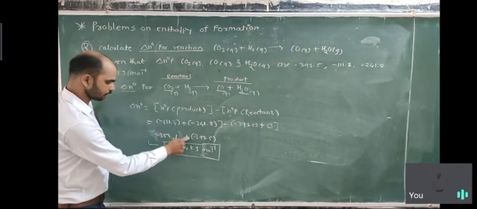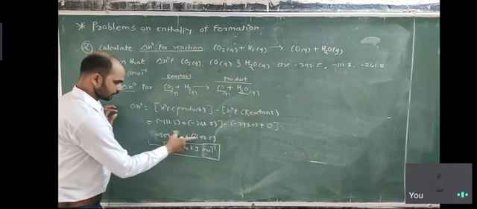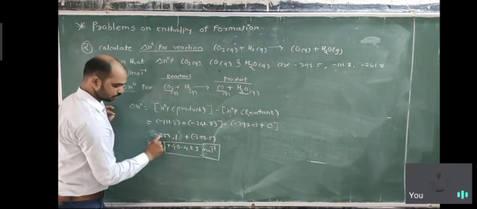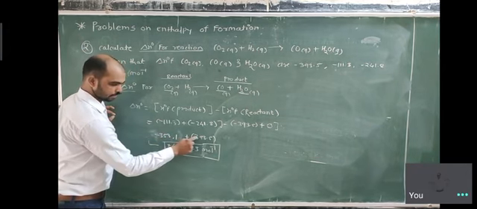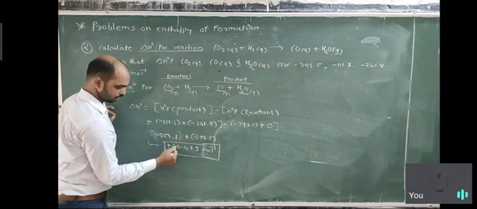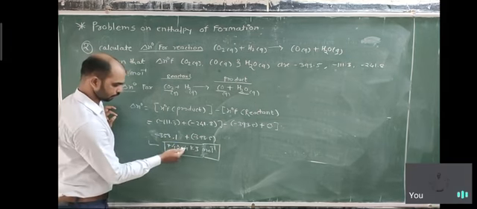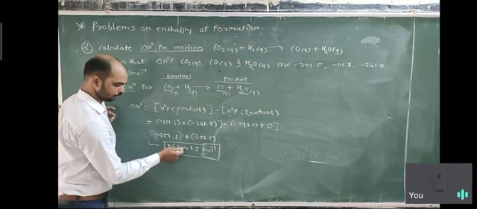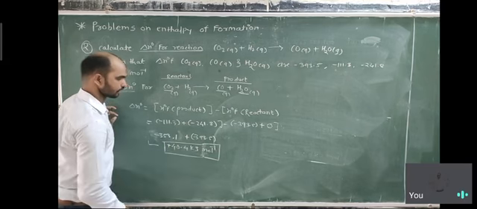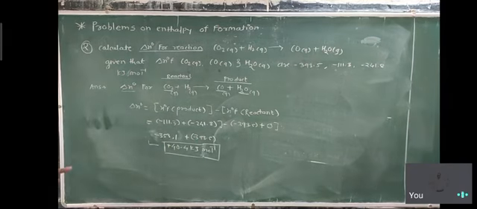So there is a subtraction of 353 and 393. So the answer is 40 point something, 40.4 kilojoule per mole is the heat of formation of the given reaction.